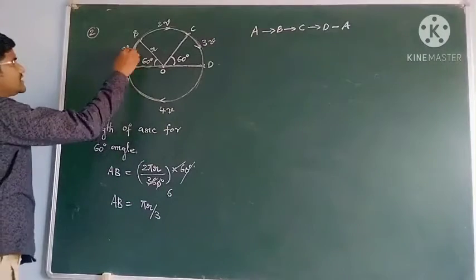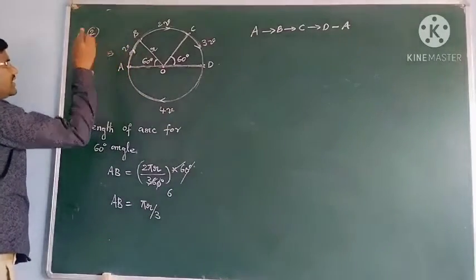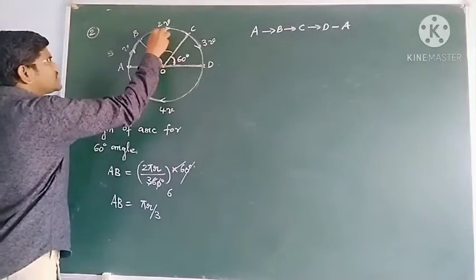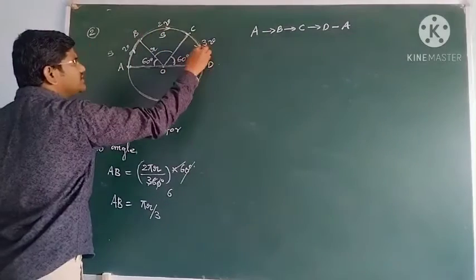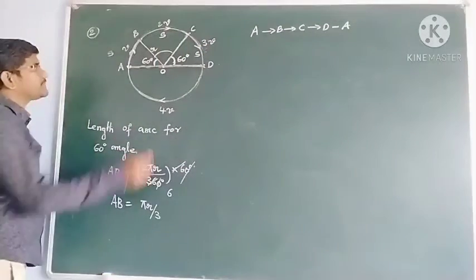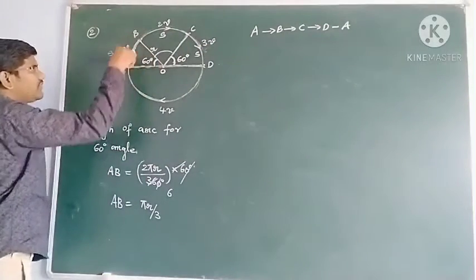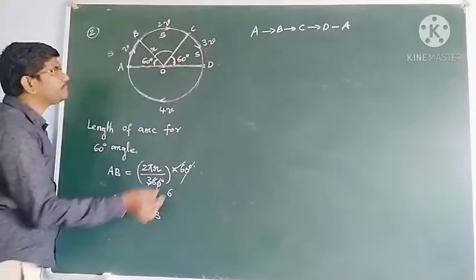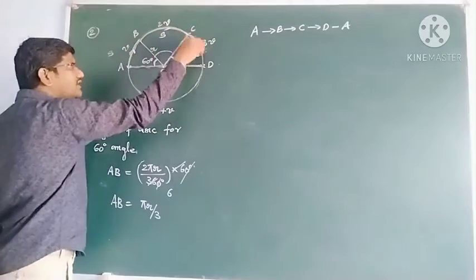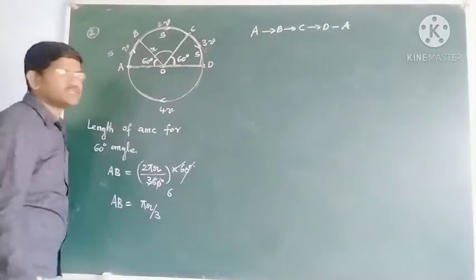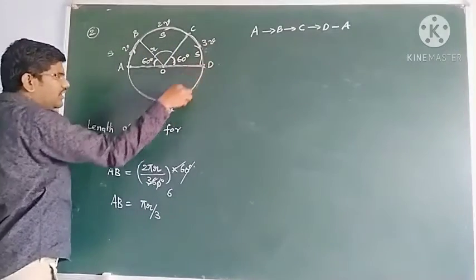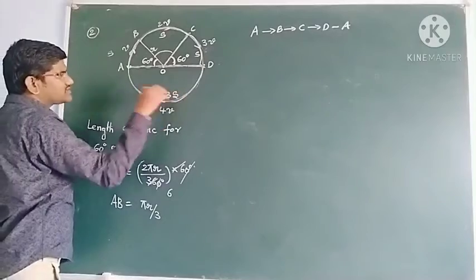So if this distance you take as S, and this is 60, this is 60, this will also be 60, then this is also S and this is also S only. Equal distances, because for each 60 degrees the length of arc is pi r by 3. Then this half circle will become 3S.